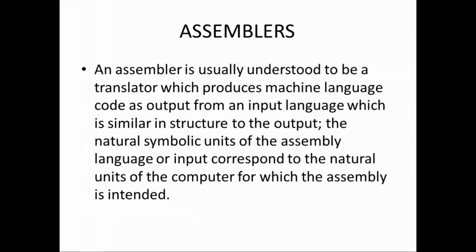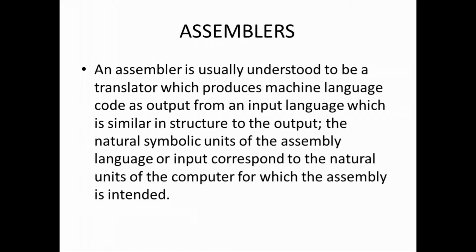What are we saying here? Let me explain it line by line. An assembler is usually understood to be a translator, okay, which produces machine language code as output from an input language which is similar in structure to the output. What we are saying here is that there is an input and there is an output.